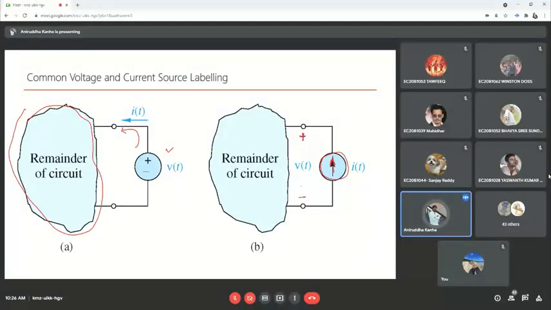So this is the standard current and voltage labeling. Is it clear? Is there any doubt so far? Shall we go ahead? Yes, sir. Okay.